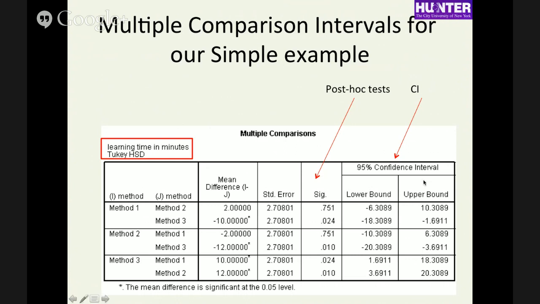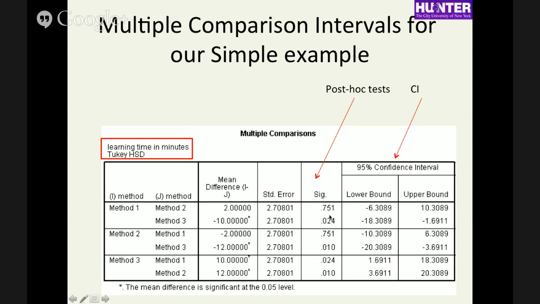So here's an example of the Tukey honest significant difference method from those 3 learning methods. You get a difference in means for each one. So method 1 compared to method 2, the difference in means is 2, and compared to method 3, the difference in means is -10.